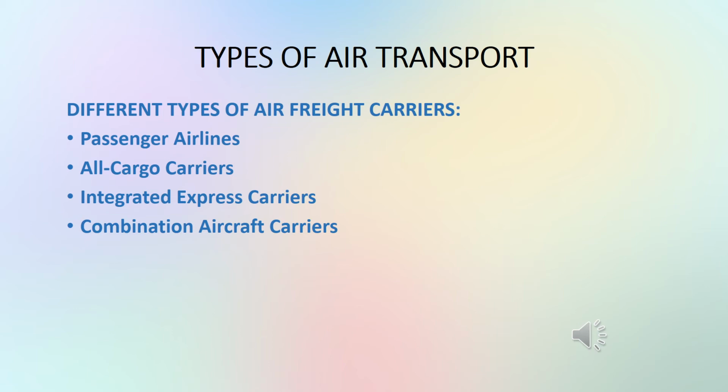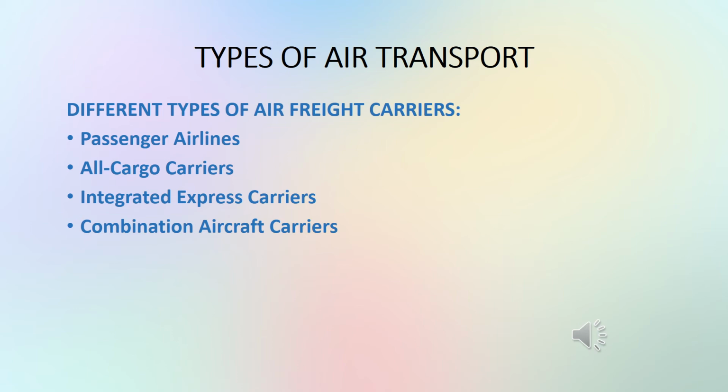Passenger airlines are the companies that we see when we book our vacation flights. They are airlines such as Southwest Airlines, Alitalia, and Turkish Airlines.